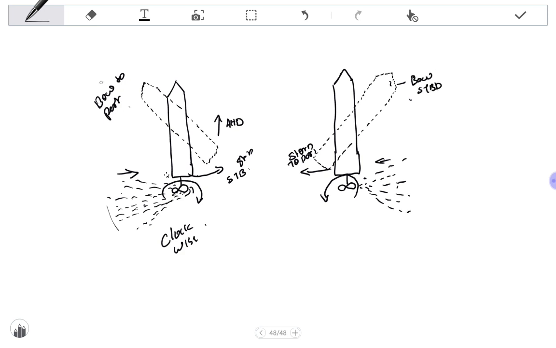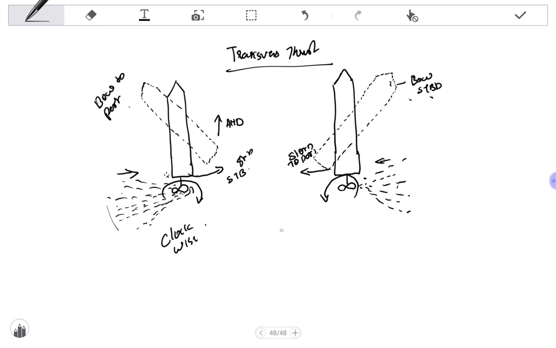This movement of bow to port and starboard side is called transverse thrust. I hope you guys understood.